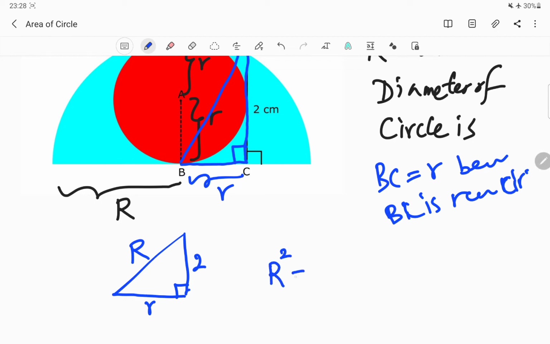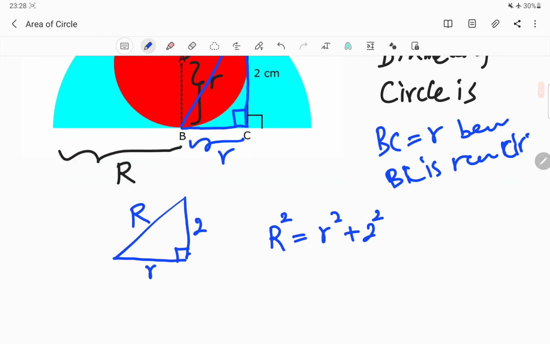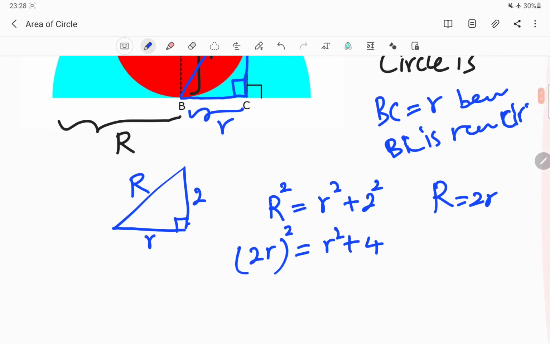R square equal r square plus 2 square. Now we can replace capital R by 2r, so 2r square equal r square plus 4.